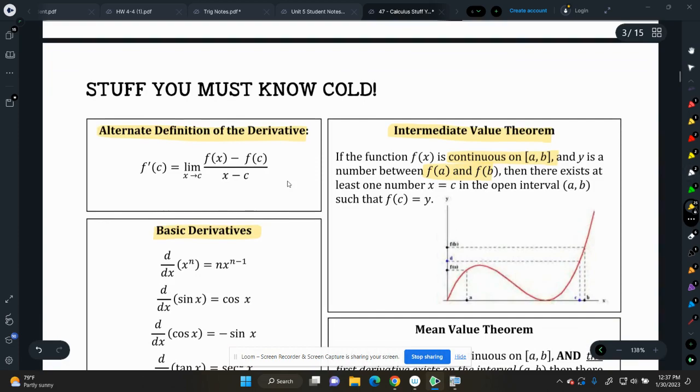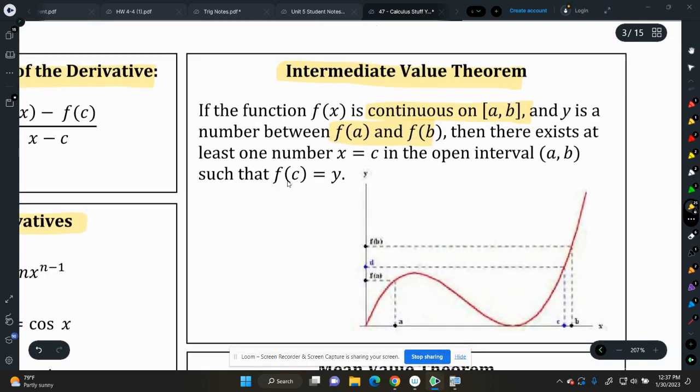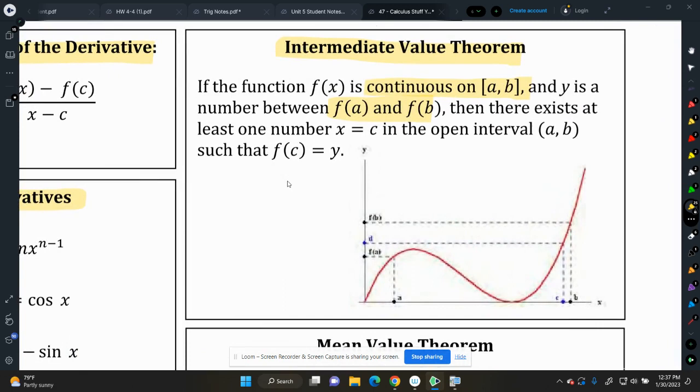So if you look at this diagram here, I don't know why they used d instead of y, but y is between f of a and f of b.